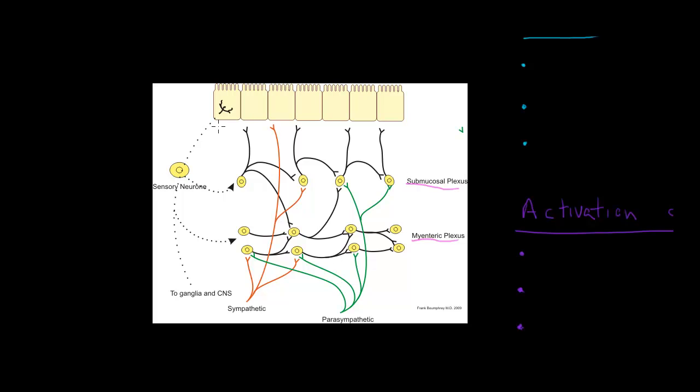And sensory neurons, of course, come back out. They could go to the ganglia and the central nervous system, so your brain can get information about what's going on in the gut, or the information goes to the submucosal and myenteric plexus for automatic reflexes or autonomic programming.